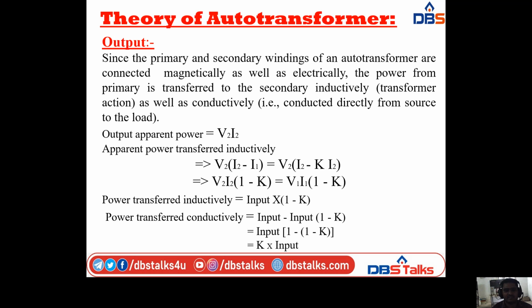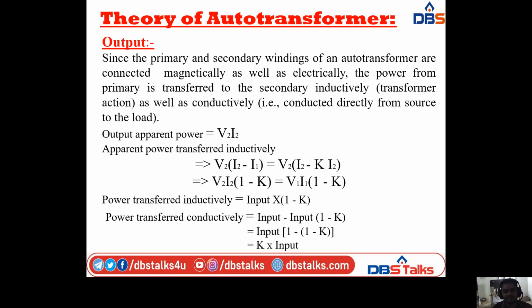So already we have output apparent power equal to V2 I2. The apparent power transferred inductively is V2 into (I2 minus I1), that is equal to V2 into (I2 minus K I2).